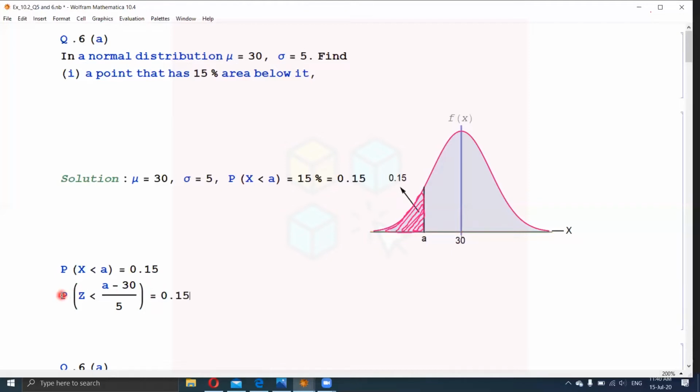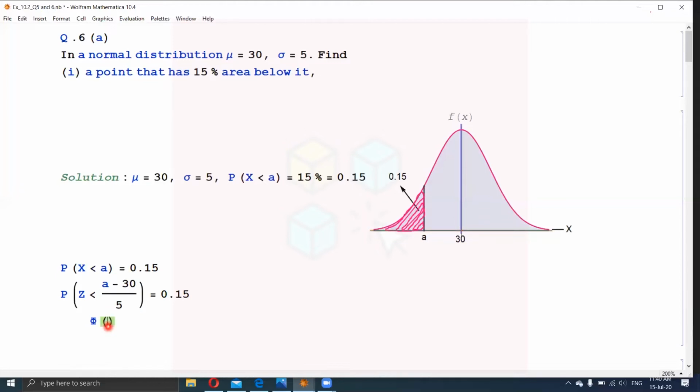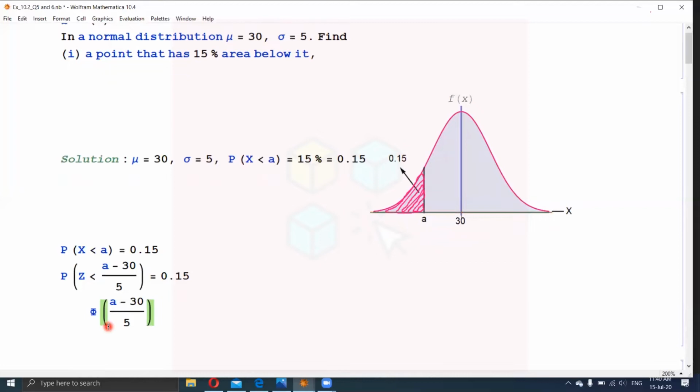Now, whenever the probability is less than, we can write it as capital phi. So phi of the expression (A minus 30) divided by 5 is equal to 0.15.